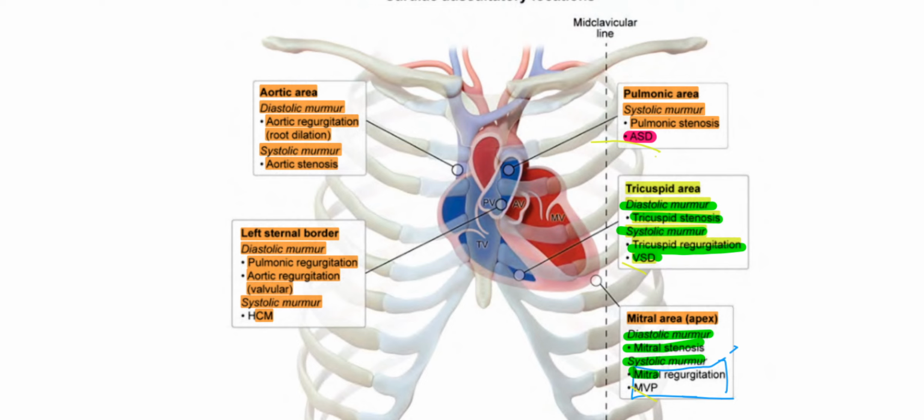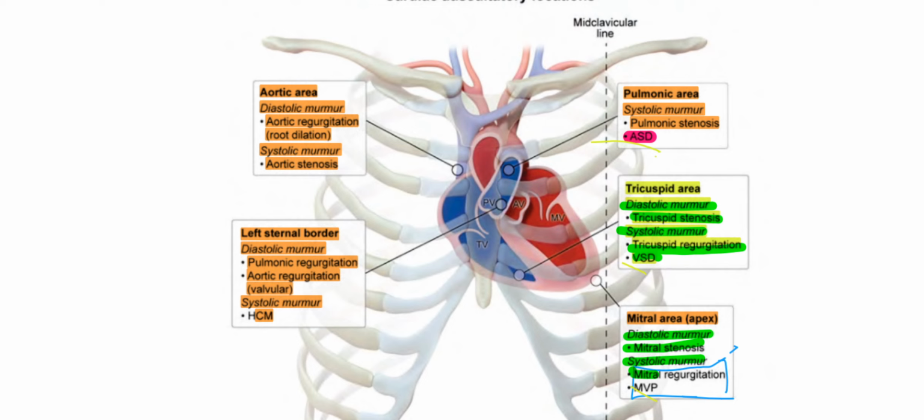Then we can also best hear in this place the systolic murmur, which is associated with hypertrophic cardiomyopathy. Okay.